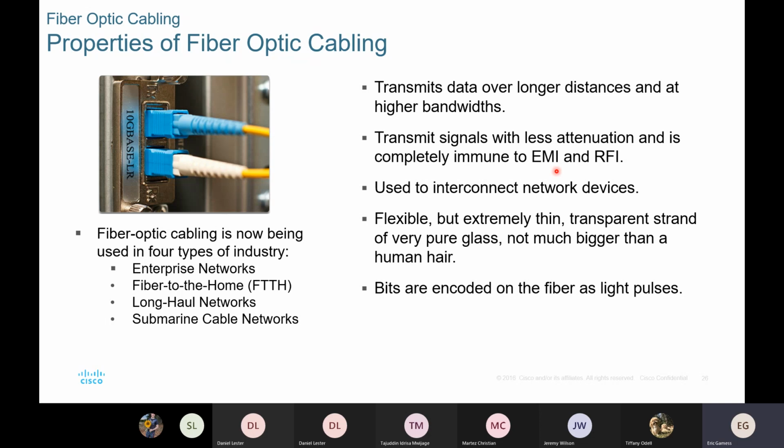Or if you are close to, for example, a TV antenna that covers the city close to your house, this antenna will generate radio frequency interference. The waves generated by this antenna will put noise into your UTP cable, but it will not affect fiber optic.